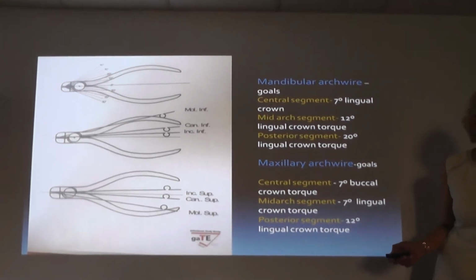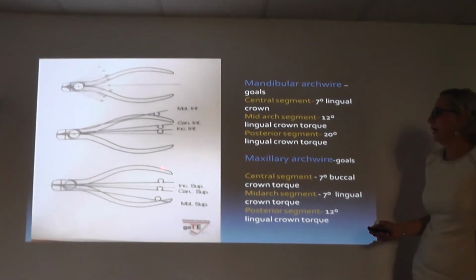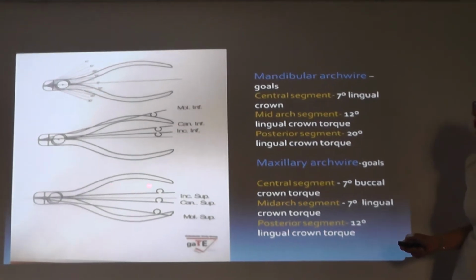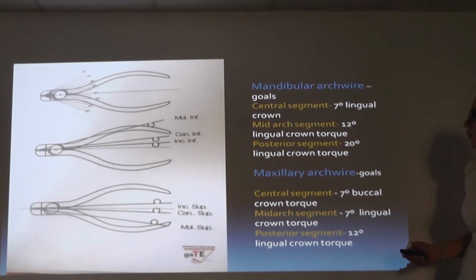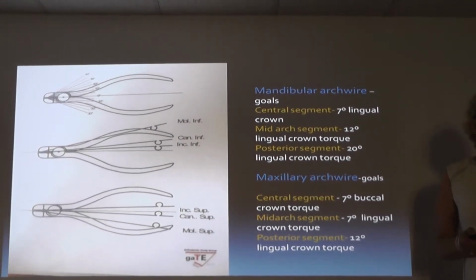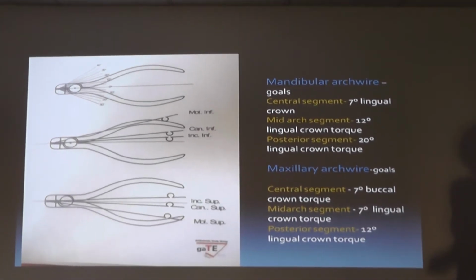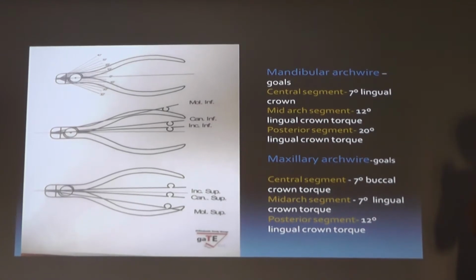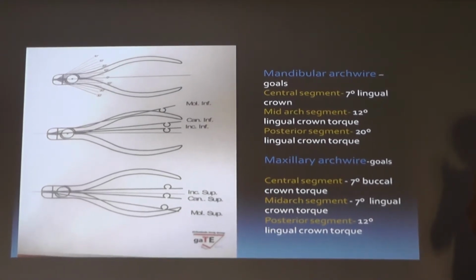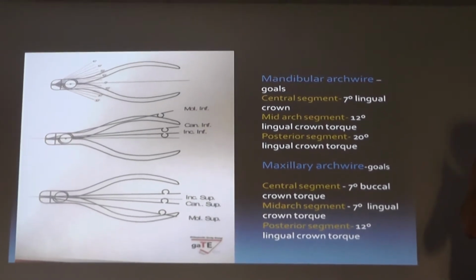You will see on the video, I will make third order bends on a maxillary arch wire. For a maxillary arch wire, we often need buccal crown torque for incisors, but for canines we need lingual crown torque, and for molars we need lingual crown torque.